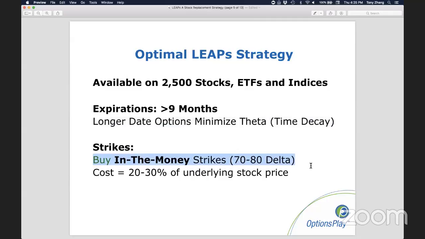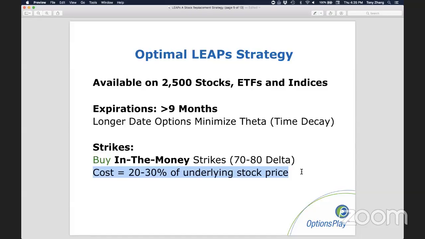And for those of you that may not know what 70 to 80 delta is, you don't necessarily need to use that as a benchmark. For those of you that do, that's great. But one of the easier ways to figure out the right strike price on a LEAP is to find the strike price where the cost is about 20 to 30% of the underlying stock price. So if you have a stock that's trading at $100, you want to find a call option that's trading about $20 to $30.